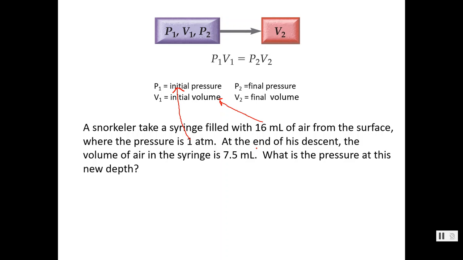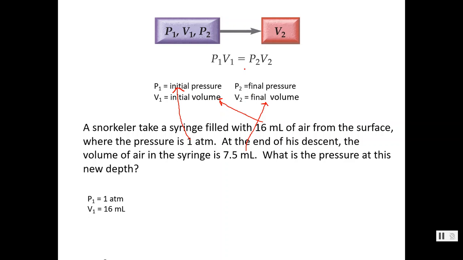Then it says at the end of his descent, so this snorkeler's going deep sea diving, the volume of air in the syringe is 7.5 mL. So we have a final volume. What is the pressure at this new depth? So we have P1, V1, and V2. We just need to find P2.